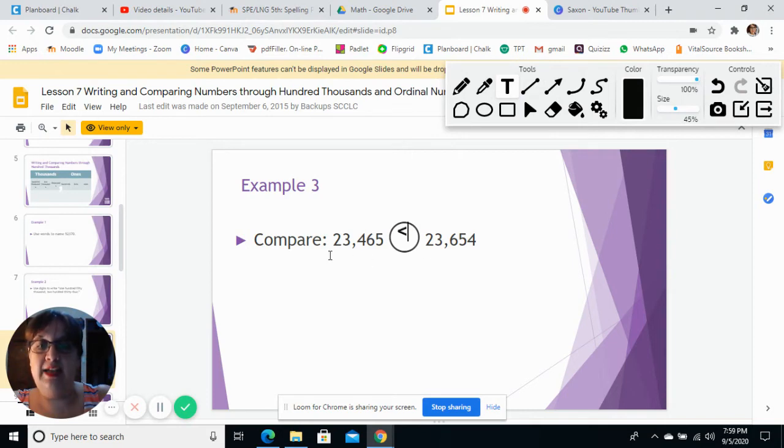And we would read it and say 23,465 is less than 23,654. Okay, we can check our work because we know that that's true. Okay, when we read it out loud, it makes sense, so we know that that's true.